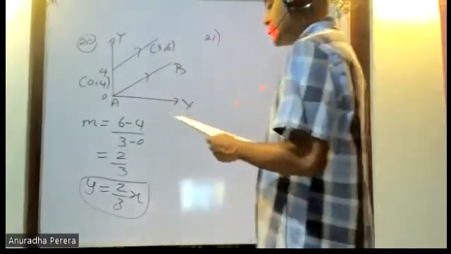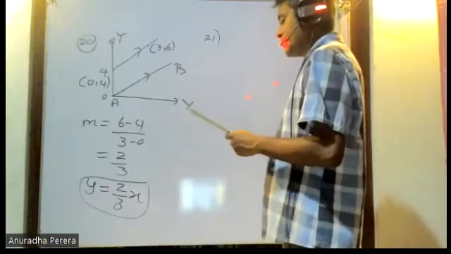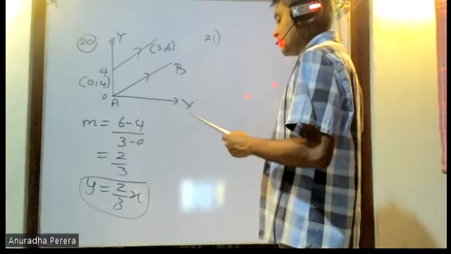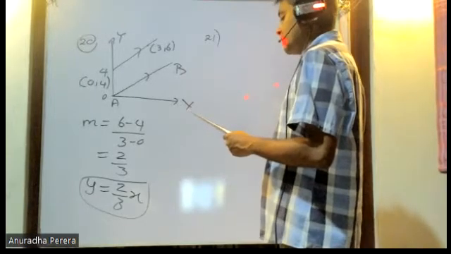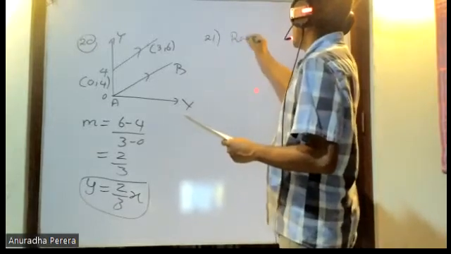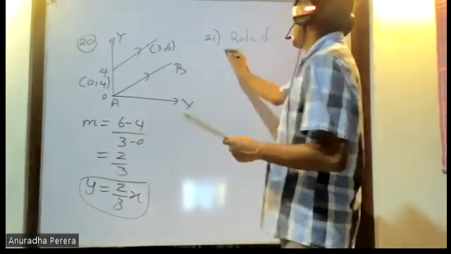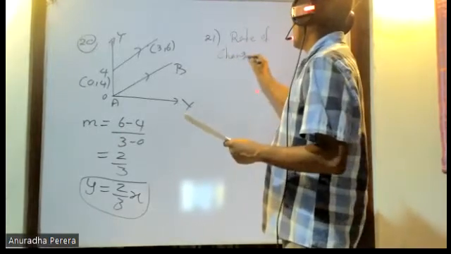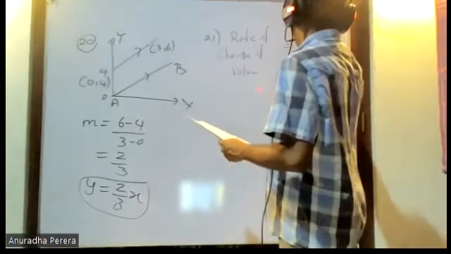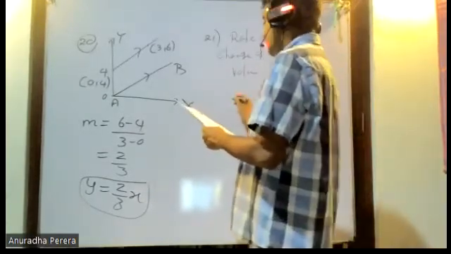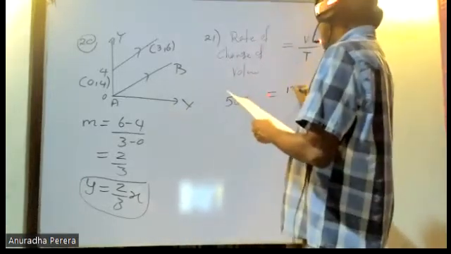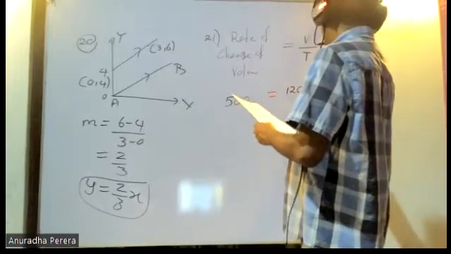Find the time it takes in minutes for 3/4 of the tank of capacity 1,200 liters to be filled with a pipe through which water flows at a rate of 500 liters per minute. Rate of change of volume is equal to volume over time. Rate is given, 500 liters per minute. Volume is 1,200 times 3 over 4.